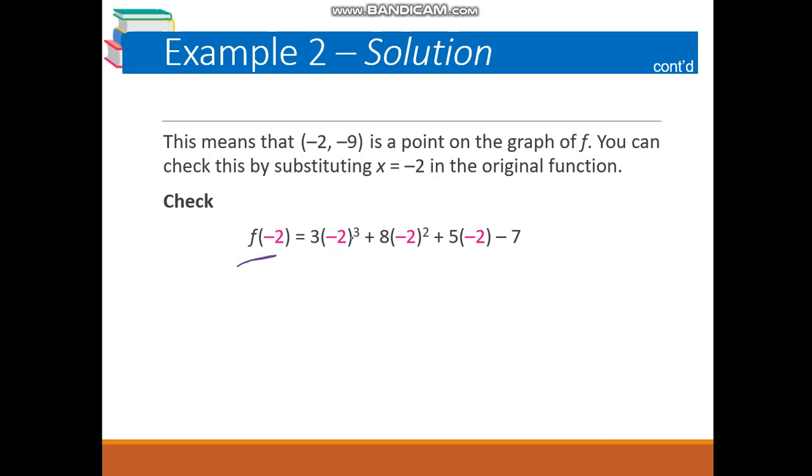So -2 cubed, put that in for x, times 3, plus 8 times -2 squared, plus 5 times -2, and then -7. -2 cubed is -8, -2 squared is 4. And then I do my multiplication, and the addition and subtraction, and I get -9. And sure enough, the point (-2, -9) is on the graph.